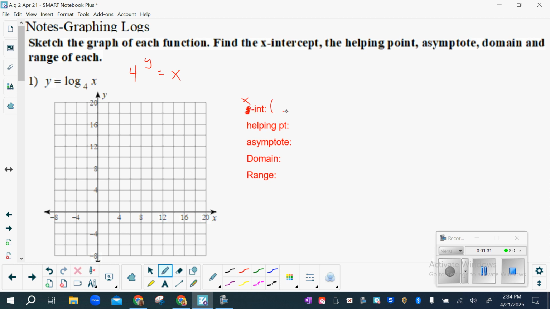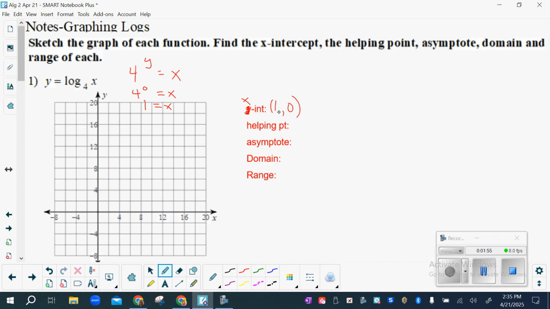So we're going to have a point whose y value is 0. Now we take that 0 and put it into this equation: 4 to the 0 is equal to x. Well, what's 4 to the 0? 1. So this would be 1, 0, because that's our x value.